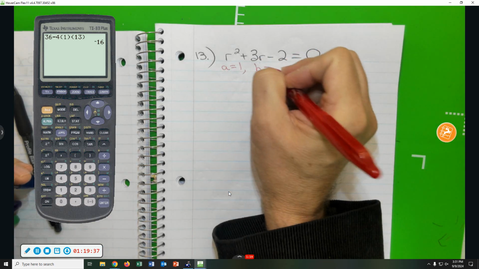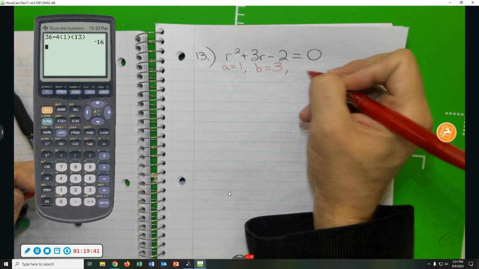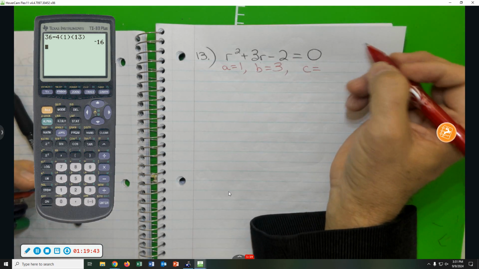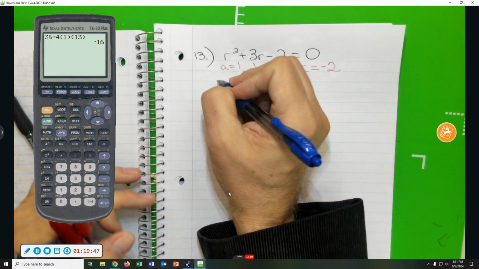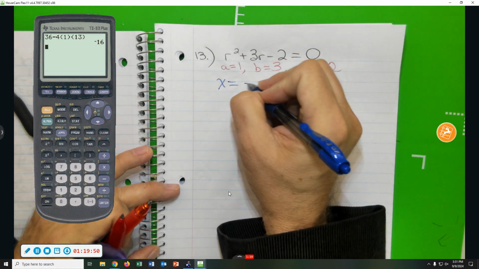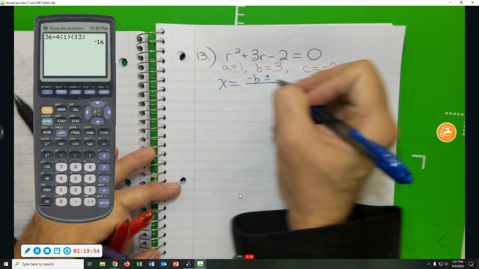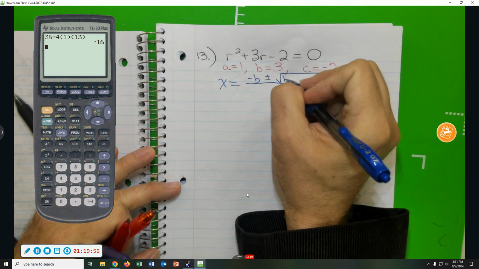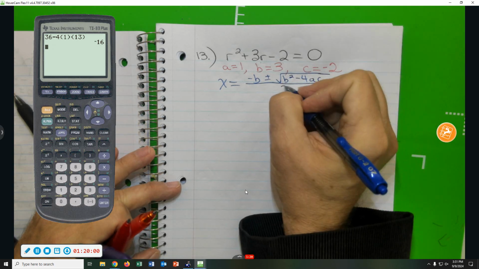What's B? 3. Oh, we finally have a positive B. C? Negative 2. So we write down the quadratic formula. If you write it down every time you use it, you'll have it memorized before too long.